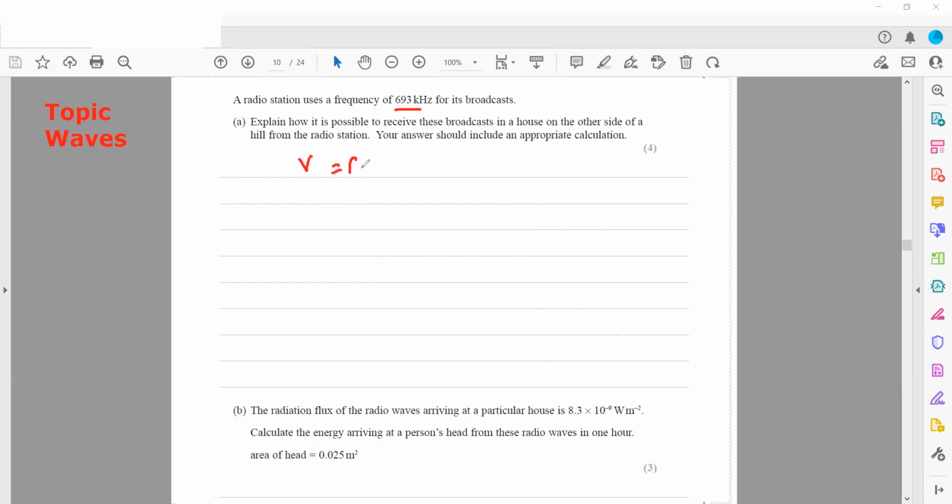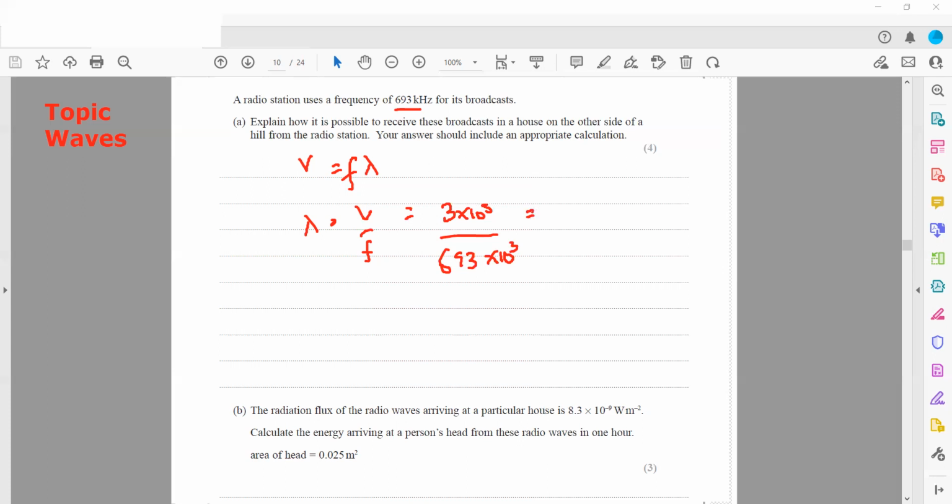First, v equals f lambda, or lambda equals v divided by f. v is the speed of the wave, which is 300 million meters per second, so 3 times 10 to the power 8, and the frequency is 693 kilohertz, that is 693 times 10 to the power 3.